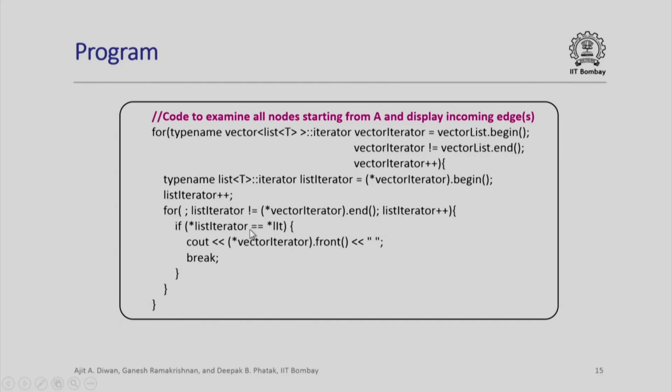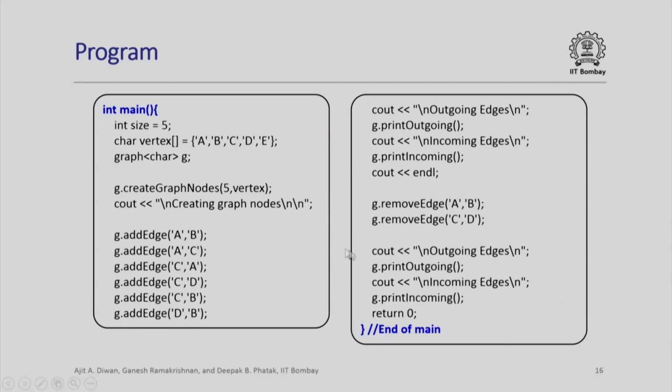What this means is that in the outgoing list there seems to be an element which is actually happening to be the source. If that is so, I will output the front of that, because the front of that is the place to which there is an edge. So, this is slightly tricky, but it should be obvious if you look at the code. It will be able to display all the nodes with incoming edges.